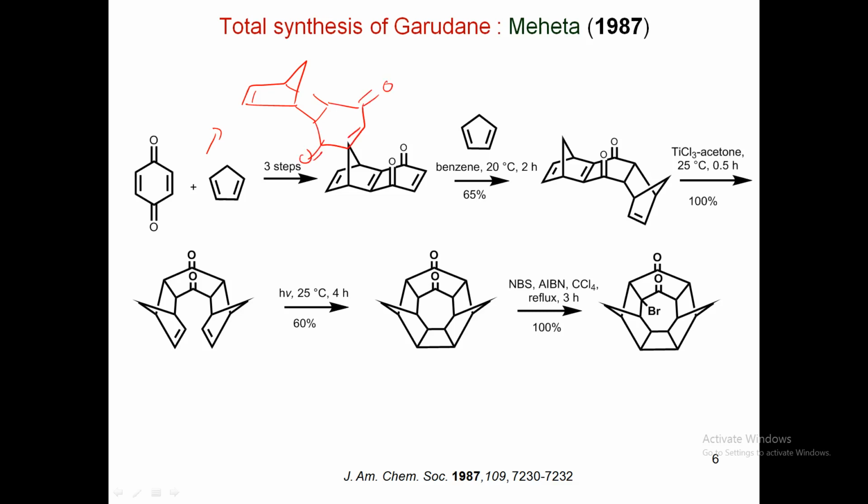You will be having this, and then we need to have a double bond here. So that's why it is 3 steps. So let's say we incorporate one bromine over here or any leaving group, and then we do the elimination. Then again we generate the double bond over here. That's how we can do that. That's why it is 3 steps. So alpha bromination, then we need to do the elimination to generate this.